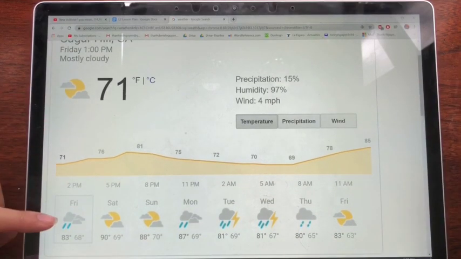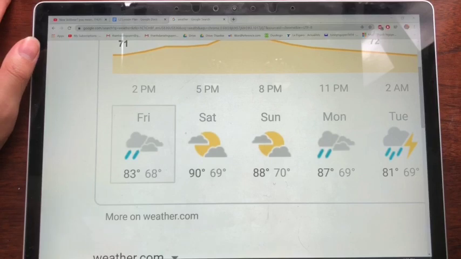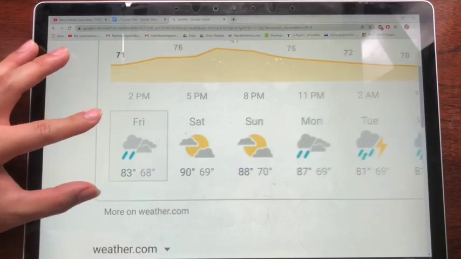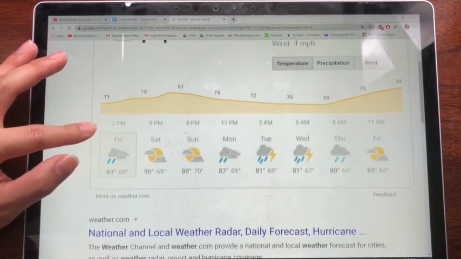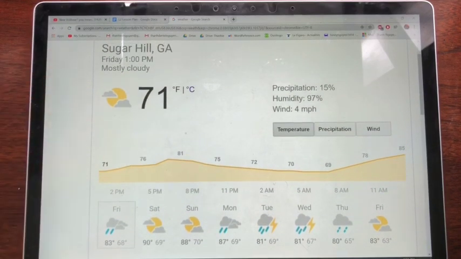So looking at the daily forecast, we see today is cloudy, maybe some rain. The temperature range is between 68 and 83 degrees. So let's write that.